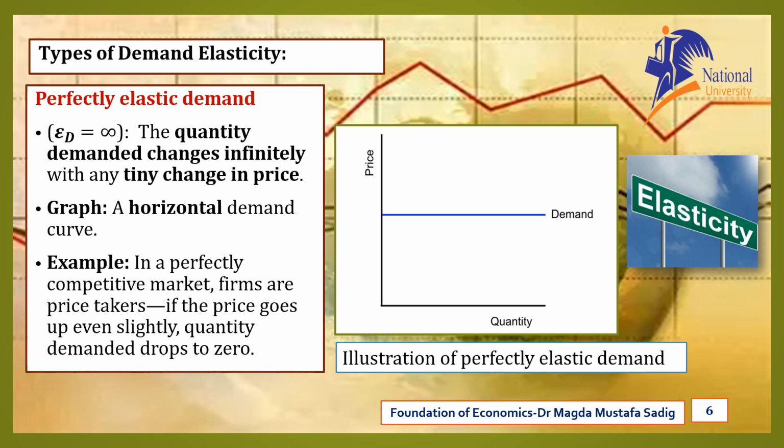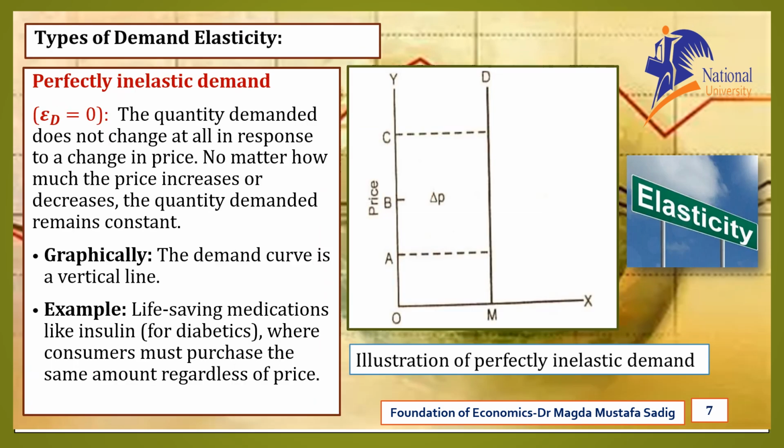This shows that buyers have many identical options and are very sensitive to price change. So here, the price elasticity of demand, when it is perfectly elastic, will be equal to infinity.